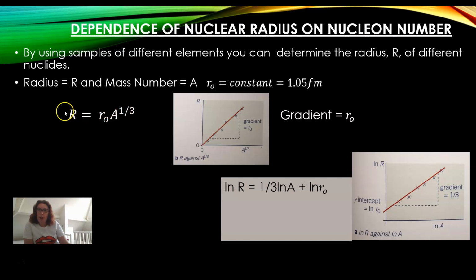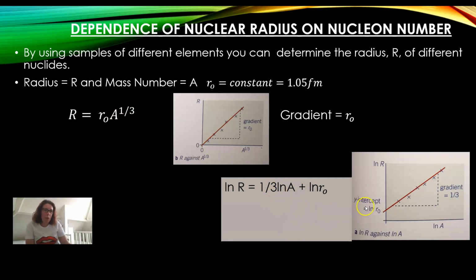So log R, R0, because they're multiplied together, the plus comes there, which is a rule of logs. So you're going to get log R0, plus, because it helps me with y equals mx plus c. And then this A to the third term becomes 1/3 log A.